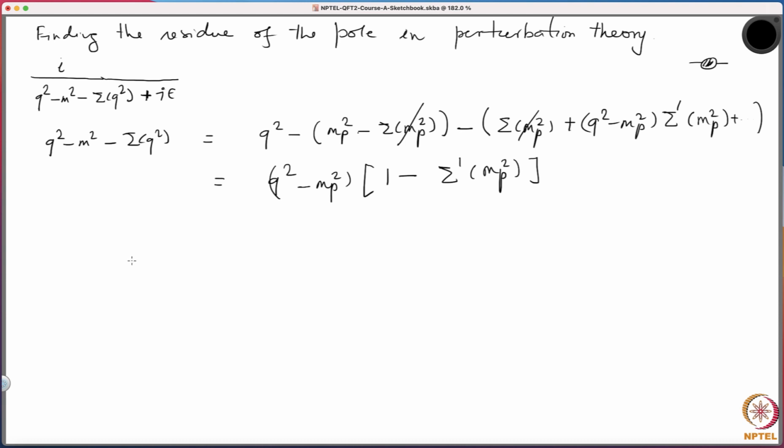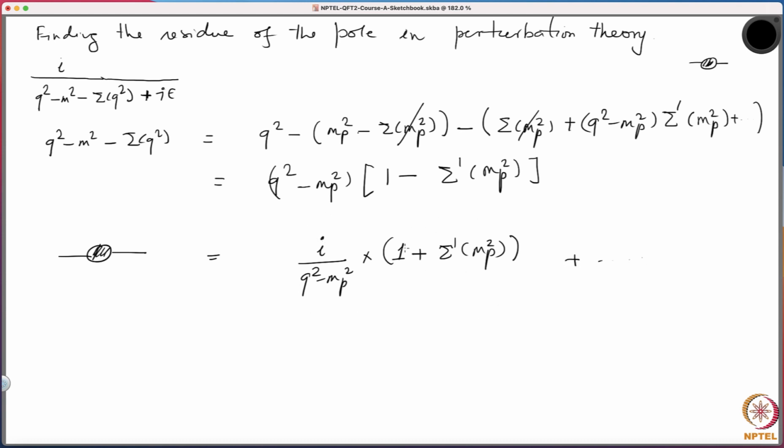So what have I obtained? To order lambda, this is the same as i over q square minus m physical square, times 1 over 1 minus sigma prime of mp square, which is 1 plus sigma prime of mp square, because I put it in the numerator and we are doing a perturbation in lambda. Of course there are other terms.